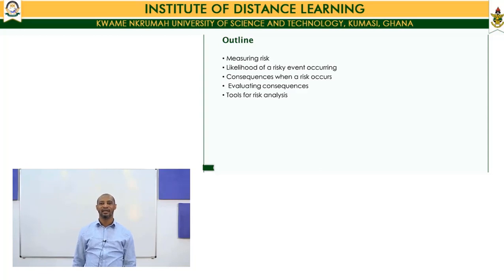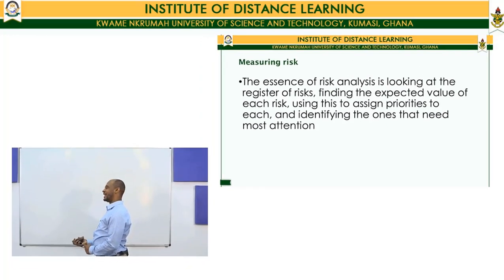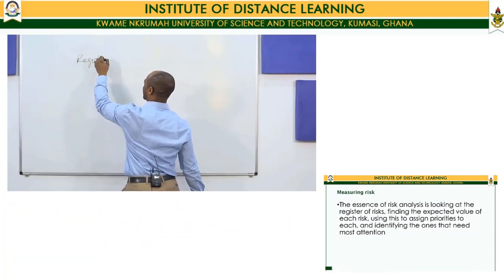Now, is risk analysis important? What is the essence? And generally, if we talk about essence of risk analysis, it is looking at the register of risks. So, we want to find out what is the register of risks.